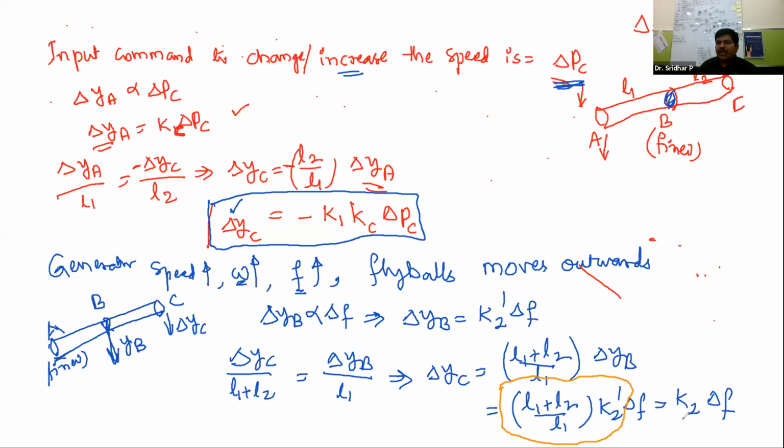So we are converting everything into K2, and the left side is delta YC equal to K2 into delta F.